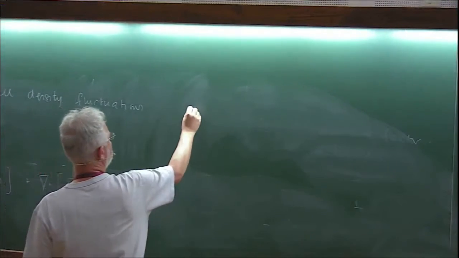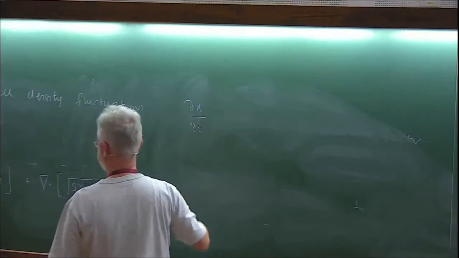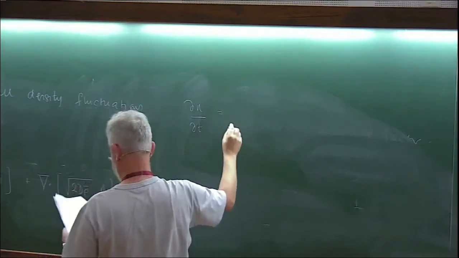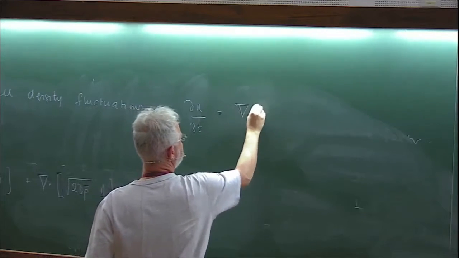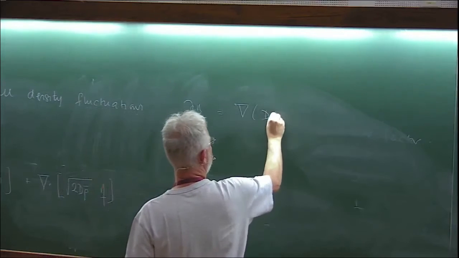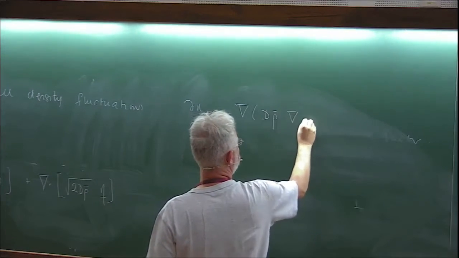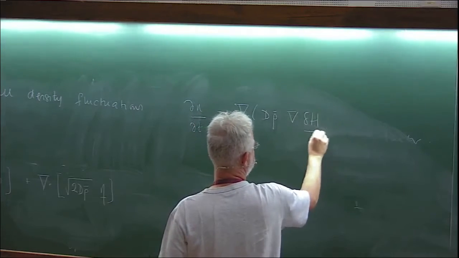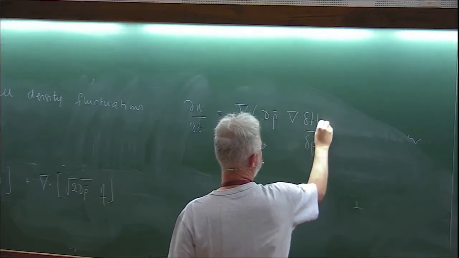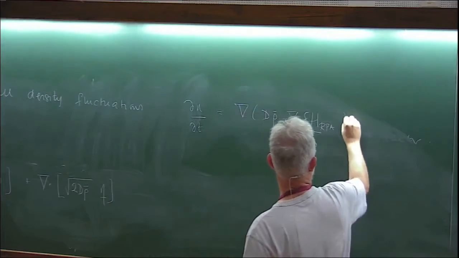Now, why have I said this is consistent to take this approximation? Because if I take this equation, I find that dn by dt I can write as, with my D here and a rho bar, the gradient of dH by d rho in the random phase approximation, for the quadratic Hamiltonian.